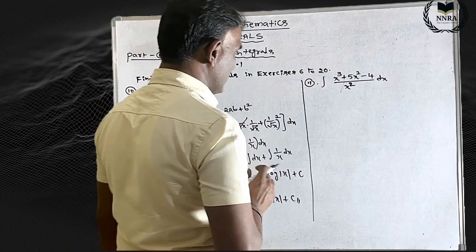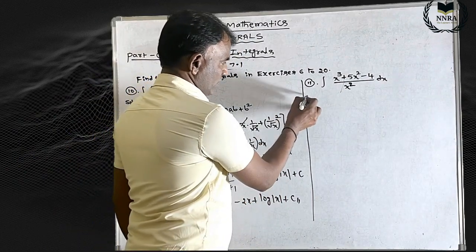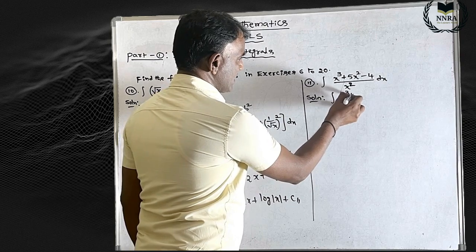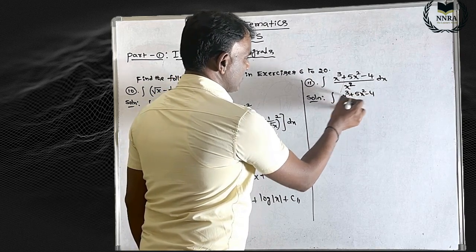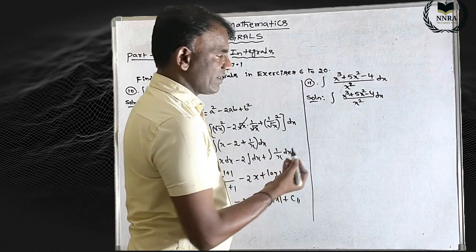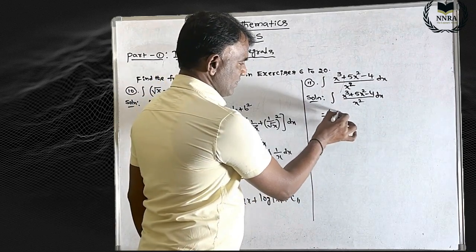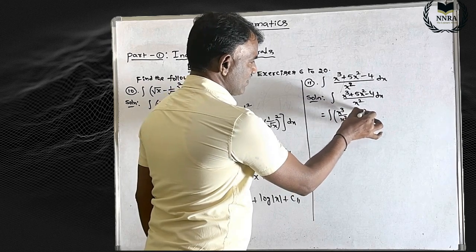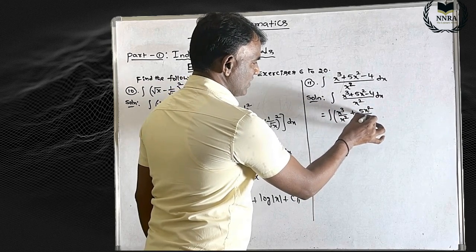Okay, see, 11th question. So what is the given value? Integral of x cube plus 5x square minus 4 divided by x square into dx, right? Now separate all the terms. So what is the first term? X cube by x square. Second one is 5x square by x square.